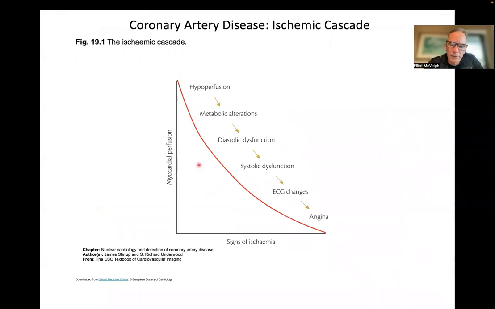So the sequence of events for a patient that's suffering from this disease is that the hypoperfusion starts in the tissue. The tissue begins its metabolic alterations to compensate for the lack of oxygen. When you start looking at movies of how the heart is beating, the first thing that changes often is how the heart is filling.